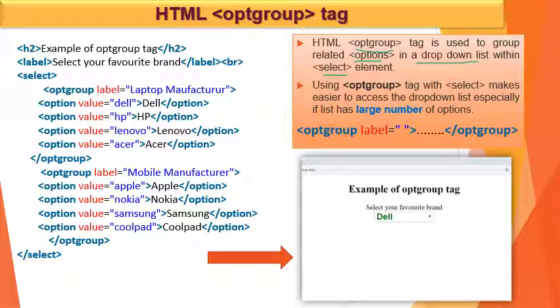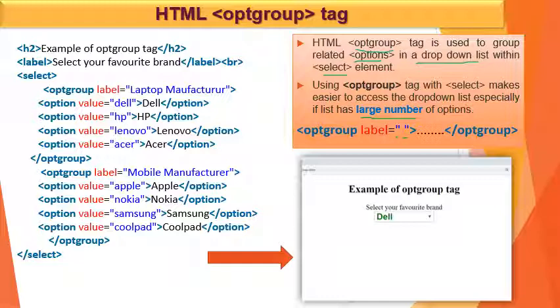We have already seen in our previous slide that using the optgroup tag within select makes it easier to access the drop-down list, especially if the list has a large number of options. The option label is equal to, in double quotation, we can give the label whatever, and we can specify the group of elements. Let us see at the left hand side the example of this optgroup.